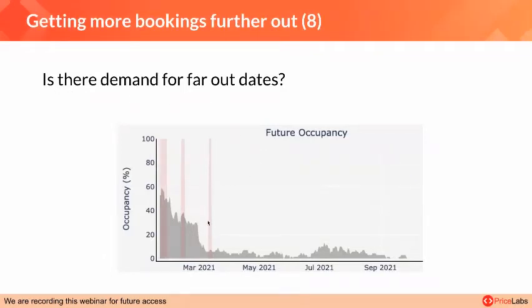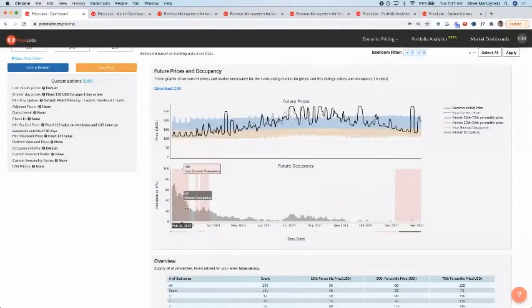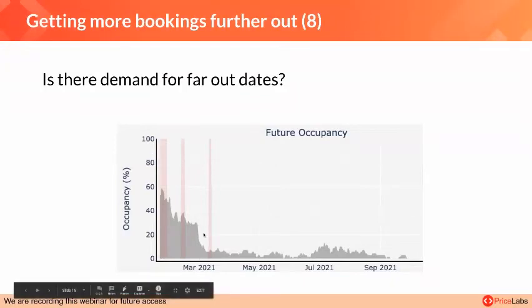There are two places you can do this, either in this future occupancies chart we were looking at earlier, so this one right here. In this example, you can see that there is some occupancy in the market. The market's getting about 30% booked or so up until March.